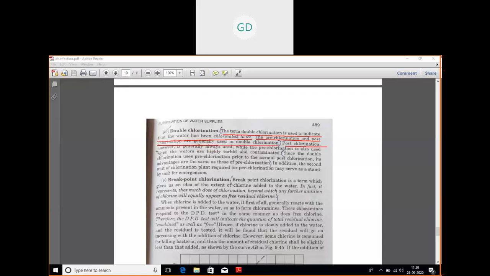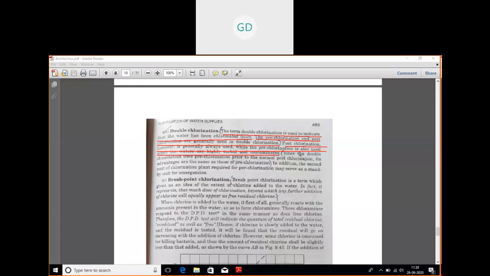Post-chlorination, however, is generally always used, while pre-chlorination is also used when the waters are highly turbid and contaminated. As I already said, when you do pre-chlorination, it must be followed by post-chlorination also, to ensure the safety of the water.